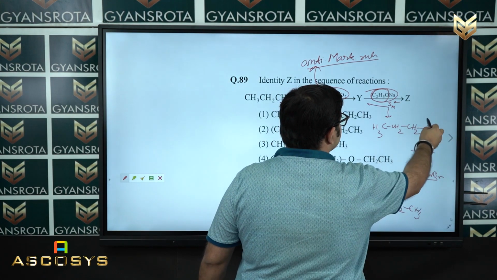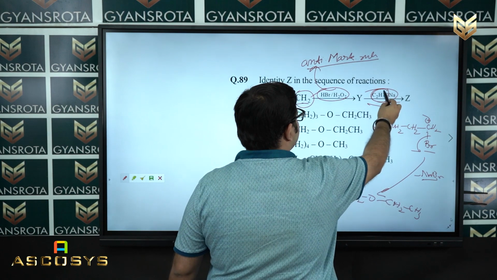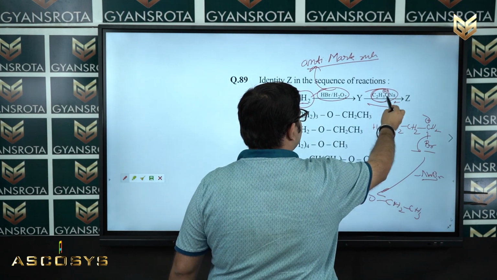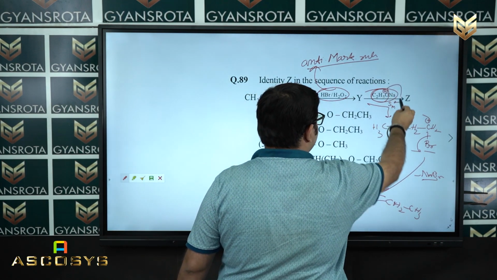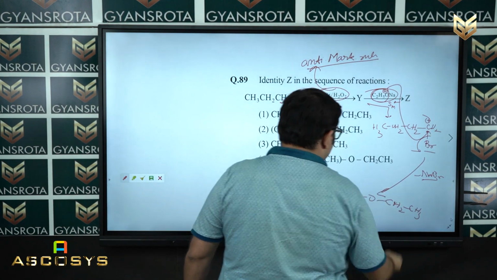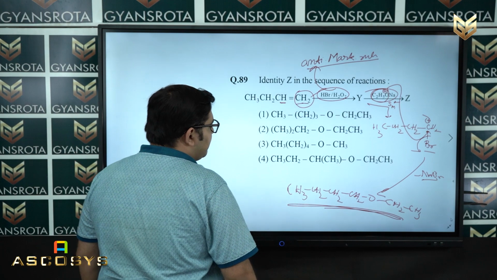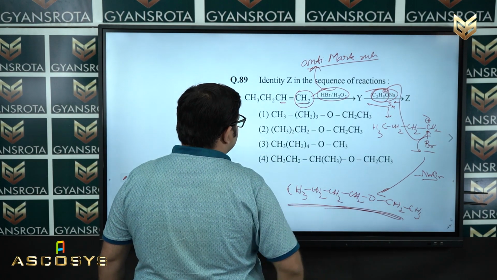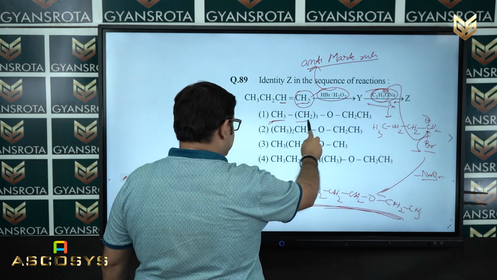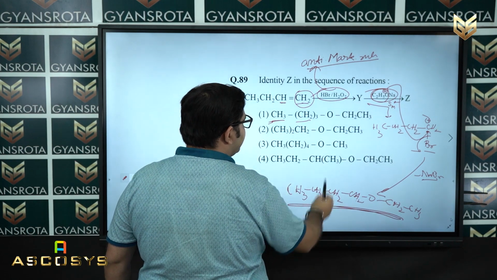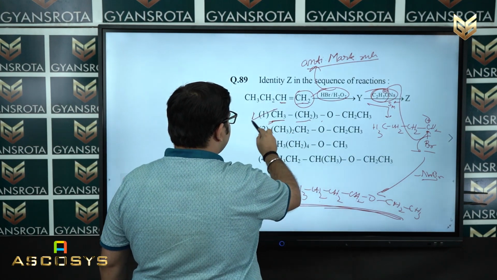Now, here C2H5O minus Na plus, this minus will attack this position and you end up with this product: CH3, CH2, CH2, CH2, OCH2CH3. So, this is the correct answer.